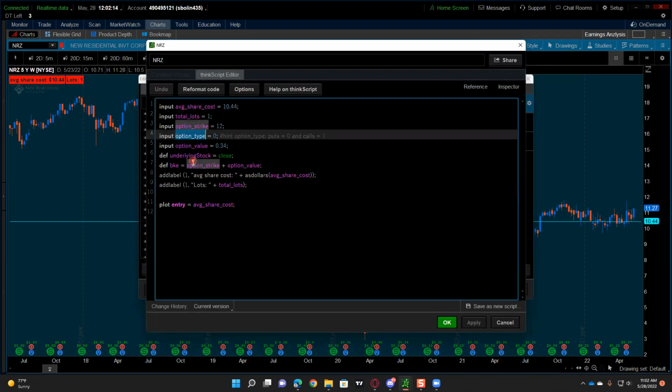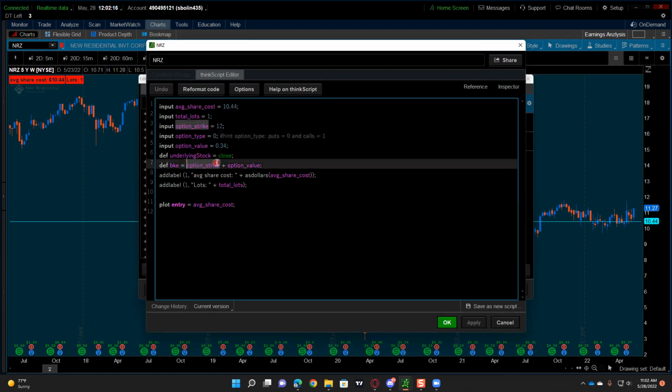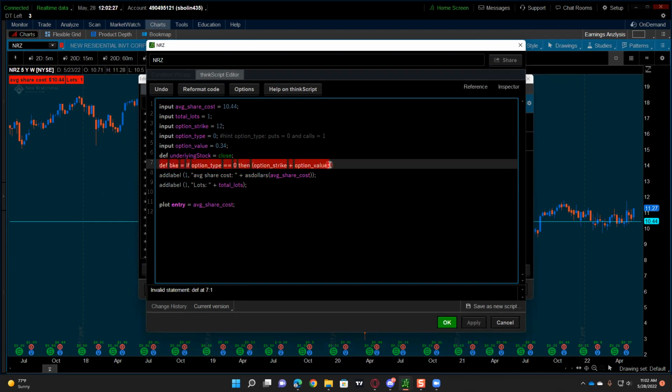So we got to tell this break even that we're actually trading a call. Otherwise, it's going to give us the wrong break even. So if the option type is 1, meaning a call, then it'll do option strike plus option value.